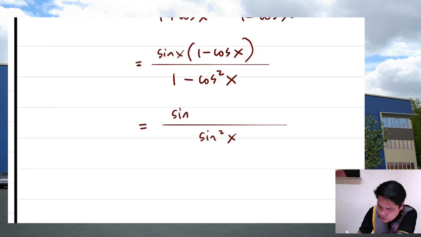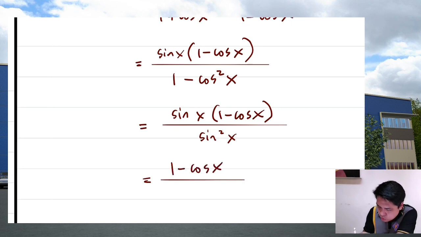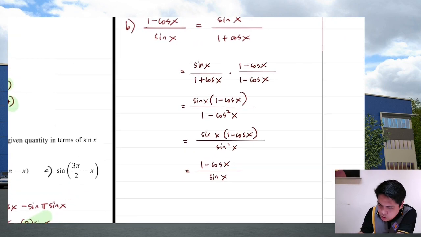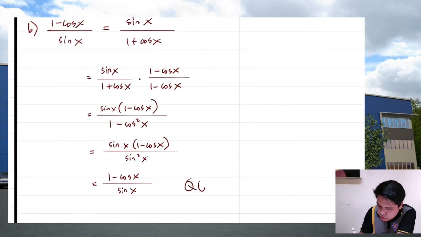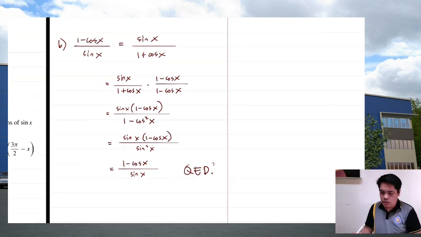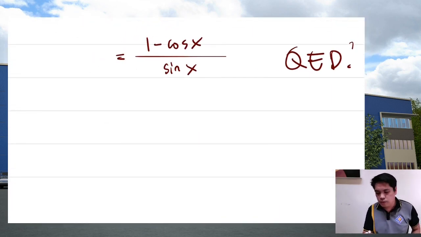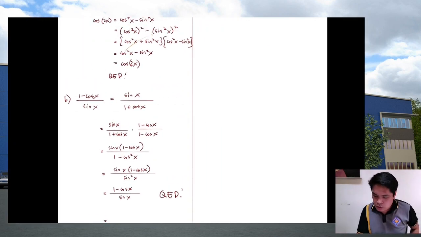The numerator is sine x times 1 minus cosine x. So therefore, ma-cancel out yung isang sine dito. That becomes 1 minus cosine x over sine x. So ayan, pareho na sila. That's Q.E.D.